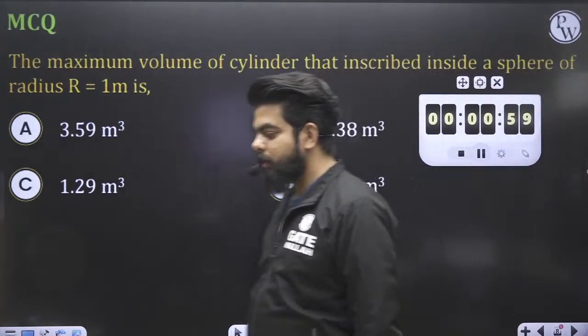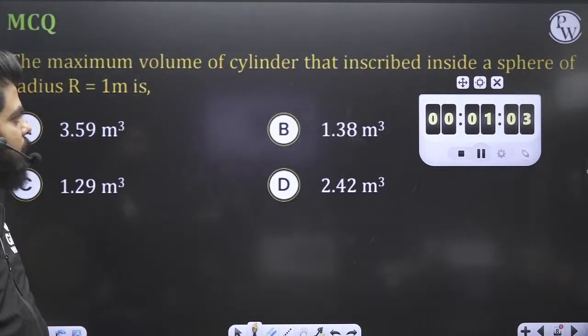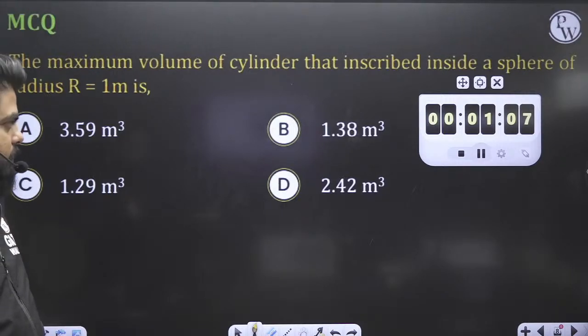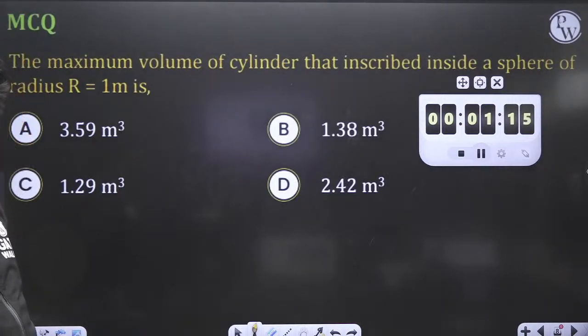Very, very simple question. Similar type of questions we have also practiced, but we did not calculate the volume in that case. We calculated the height, maybe, as far as I remember. We did not calculate the volume. So you have to calculate the volume in this case.